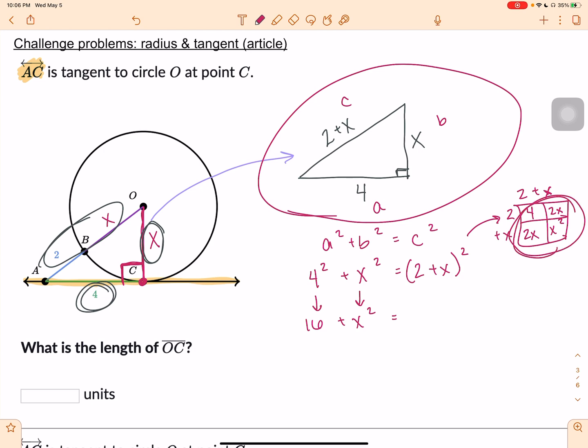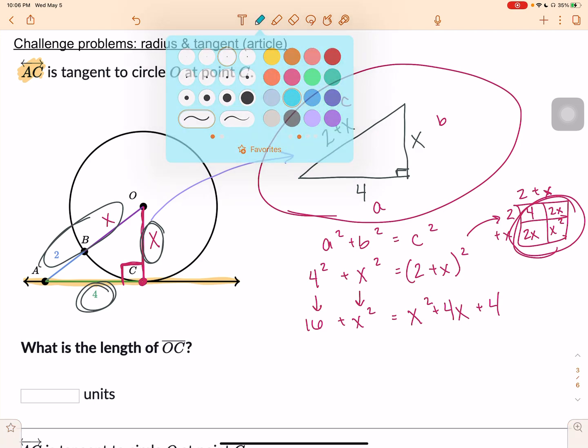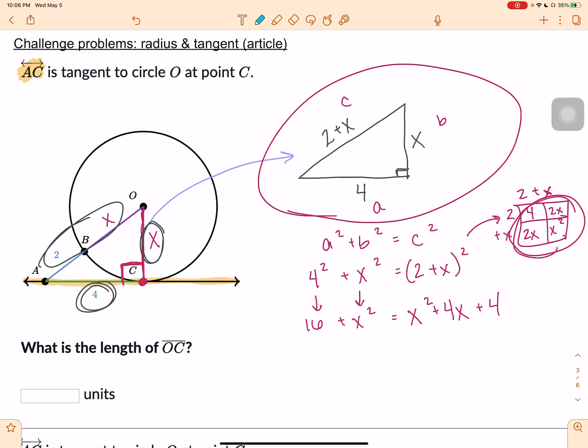We can combine like terms to be x squared plus 4x. 2x plus 2x is 4x, plus 4. So now we want to solve for x. Okay, now we have an equation where we can solve for x. So first of all, I'm going to subtract x squared from both sides because look at what happens. They cancel out. So now I have 16 equals 4x plus 4.